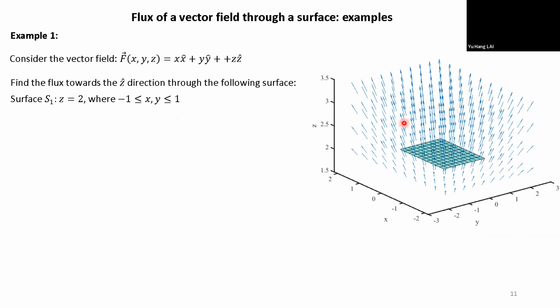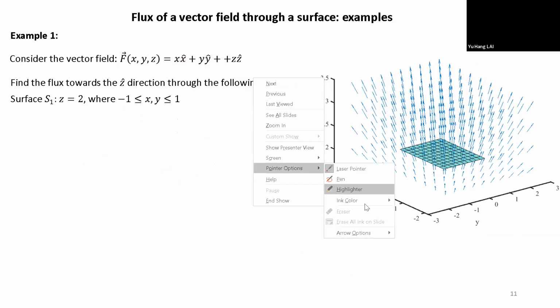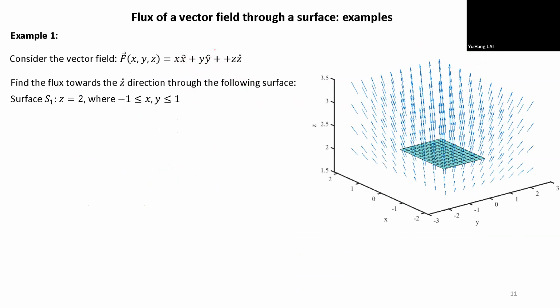So here I give you a simple enough vector field. You have seen x hat plus y hat, and now I have this z hat. So basically it's still referring to a situation where the vectors are all diverging out from the origin.